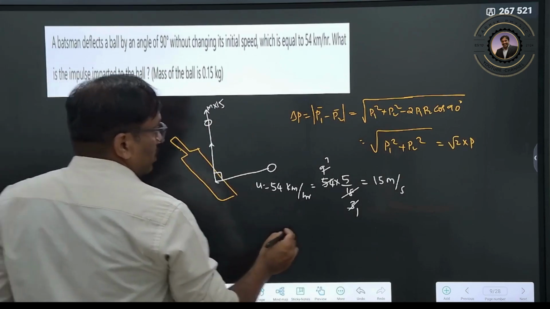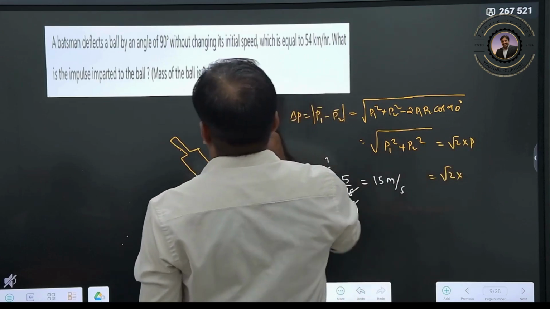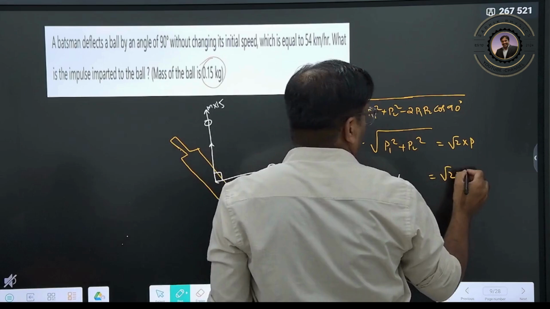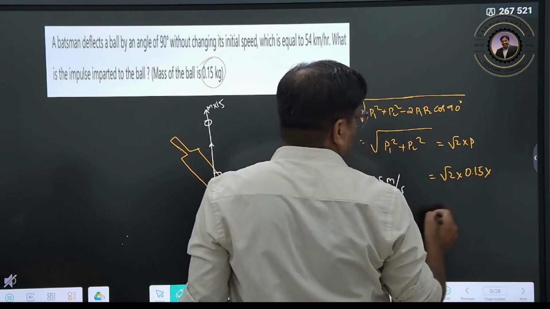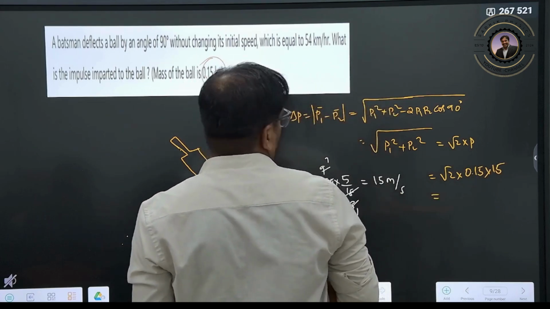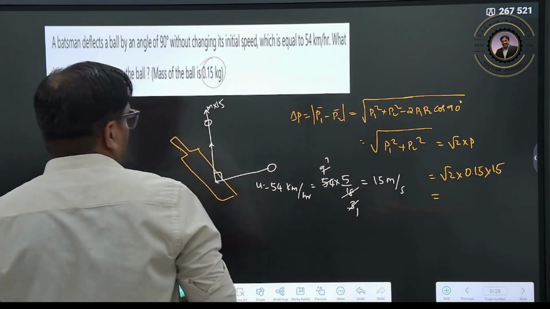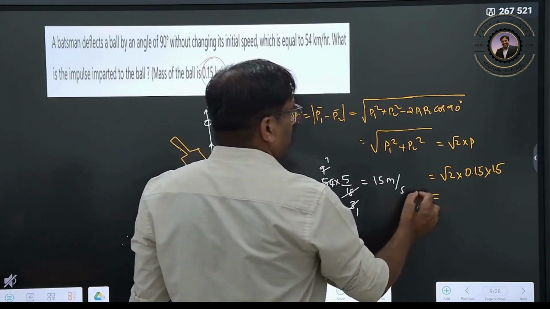Change in momentum, how much will you get now? Root 2 into p is how much now? What is the mass of this one now? 0.1 kg. What is the momentum here? Velocity is how much now? 15. Clear? So this will be your change in momentum. This change in momentum is nothing but the impulse.